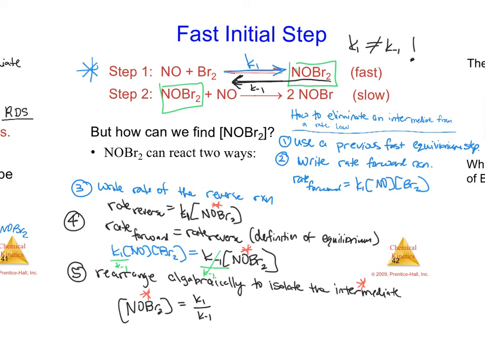They do not cancel. So I have NOBr2, my intermediate, equals K1 over K minus 1 times NO times Br2. So now I have a new term to express the concentration of my intermediate. The intermediate is also equal to K1 over K minus 1 NO times Br2.